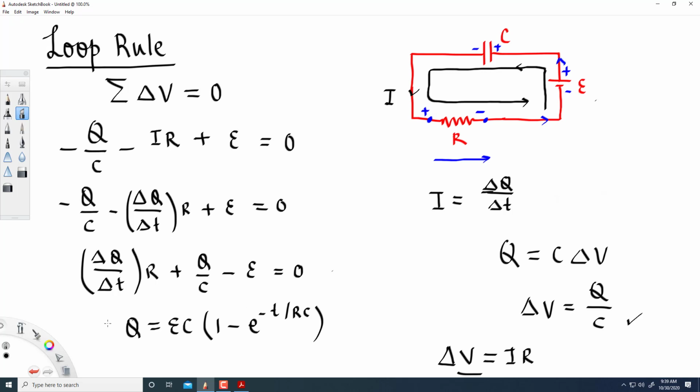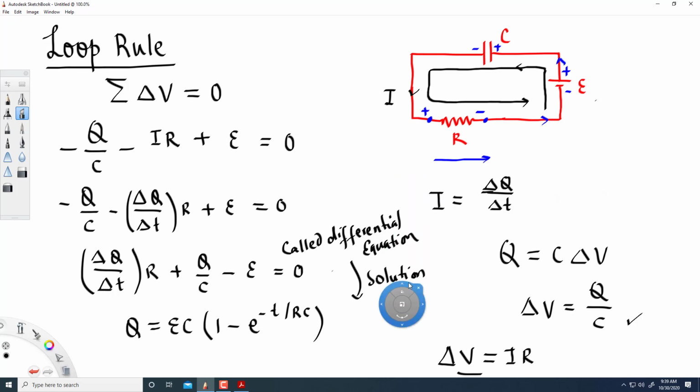That's the solution. If you take some calculus course, you may need to solve these kinds of things, but we don't need to worry about that here.